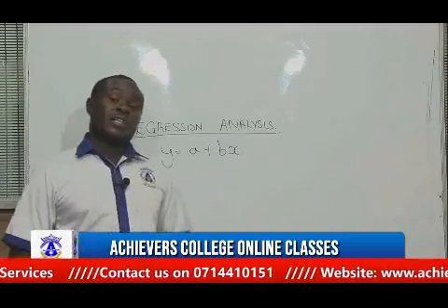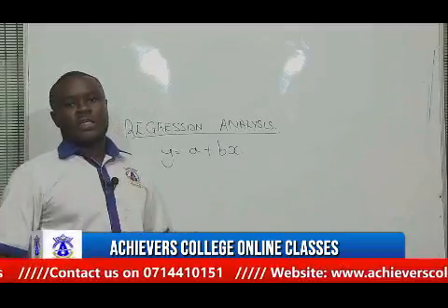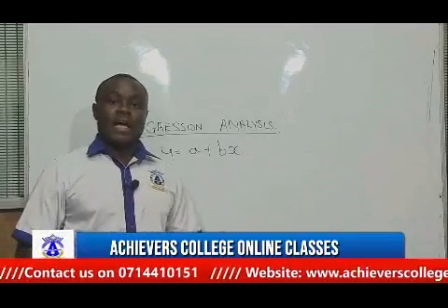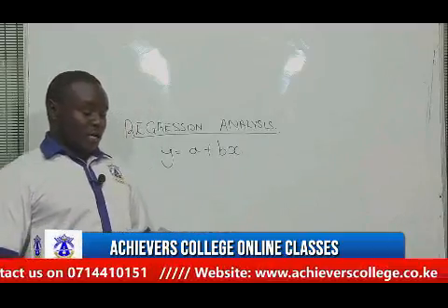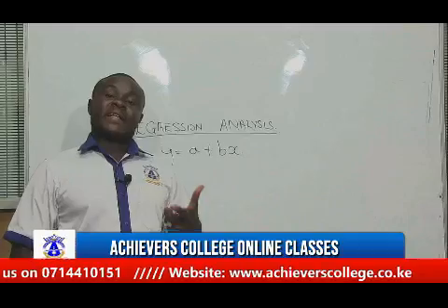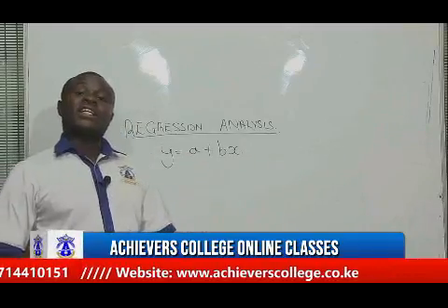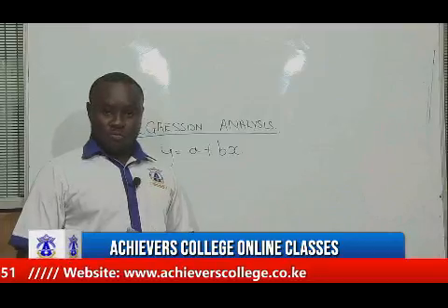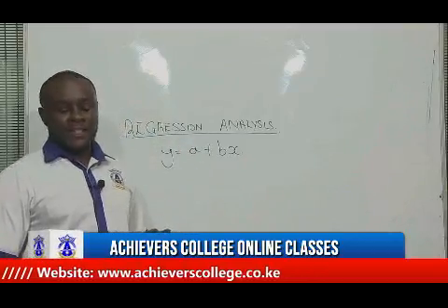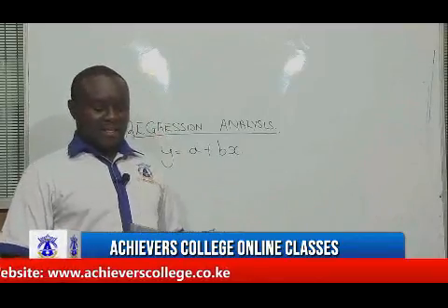Number two thing that we are going to examine today is the common terms used in regression analysis. Number one term that is used is what we call the variable. The variable is any value or factor that can change.